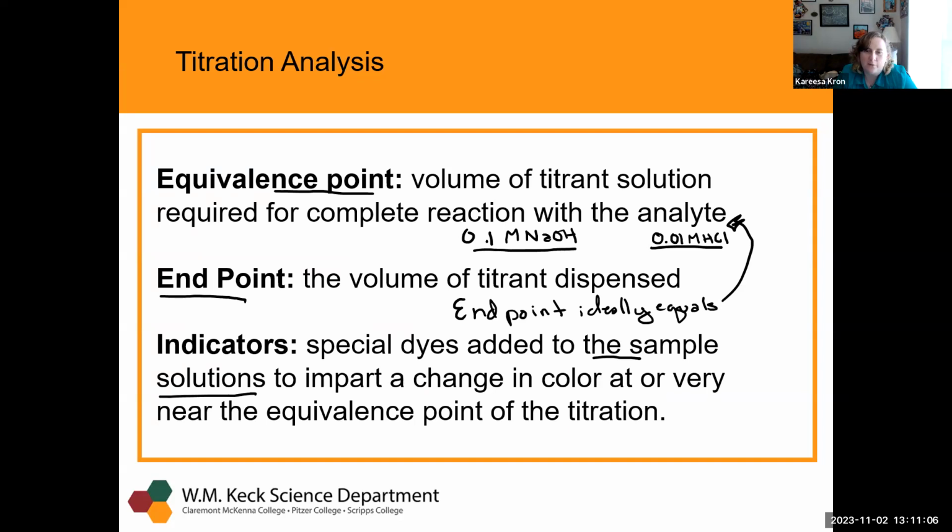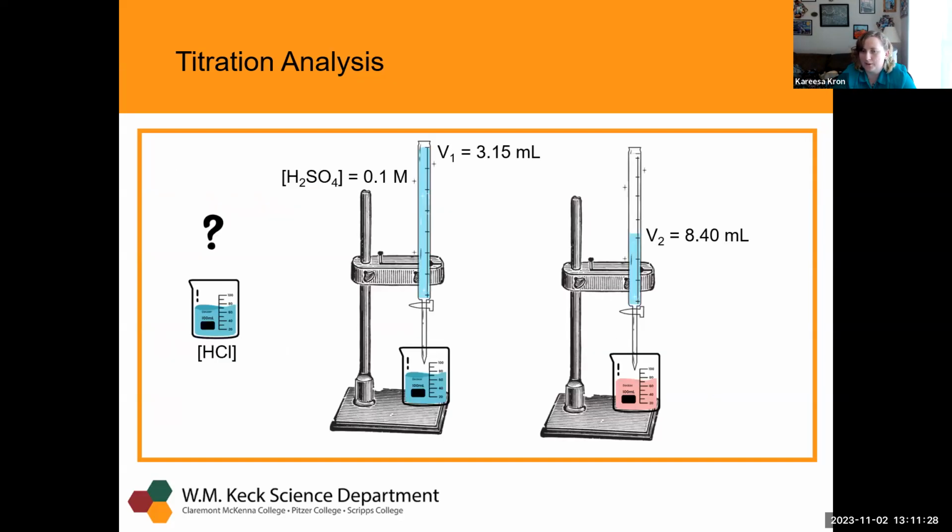If we look back at the prior slide, we can calculate the equivalence point, or the volume of titrant for our analyte, through calculating our endpoint. Our goal is to try to represent the equivalence point using our calculated endpoint.